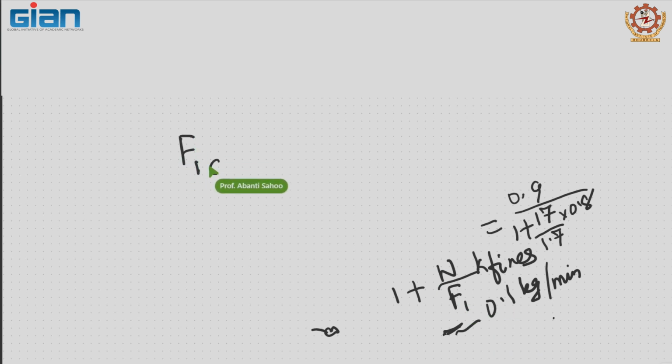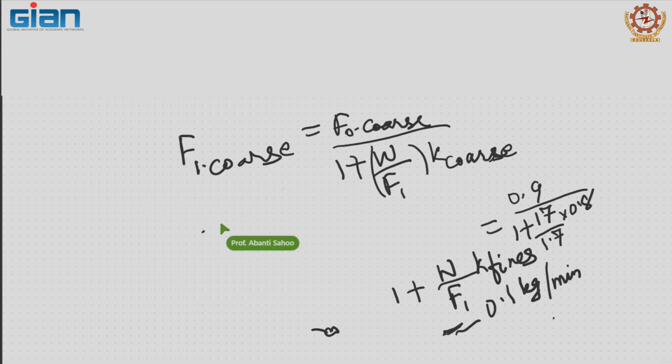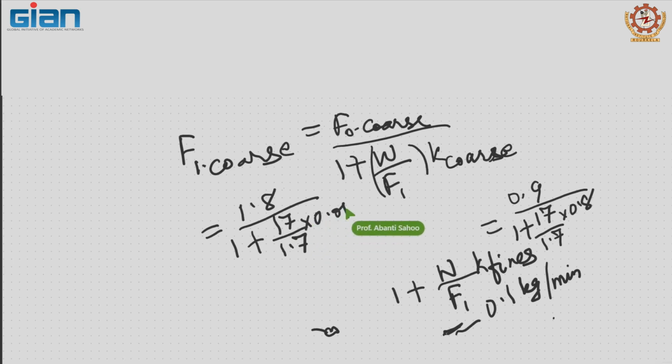So, F1 of coarse, similarly calculating, is F0 of coarse divided by 1 plus W by F1 into K of coarse particles, that is 1.8 divided by 1 plus 17 by 1.7 into 0.0125.